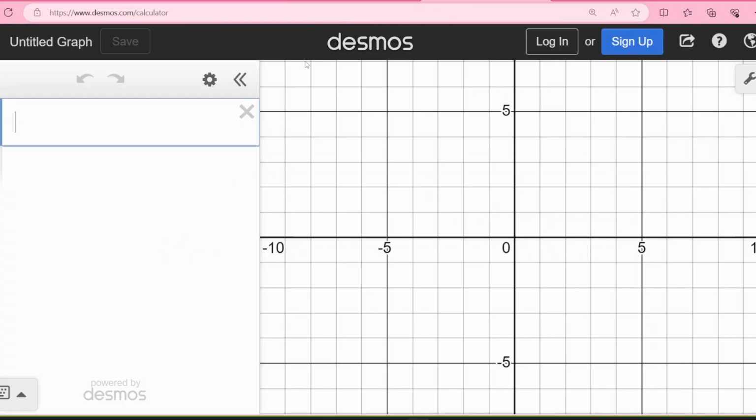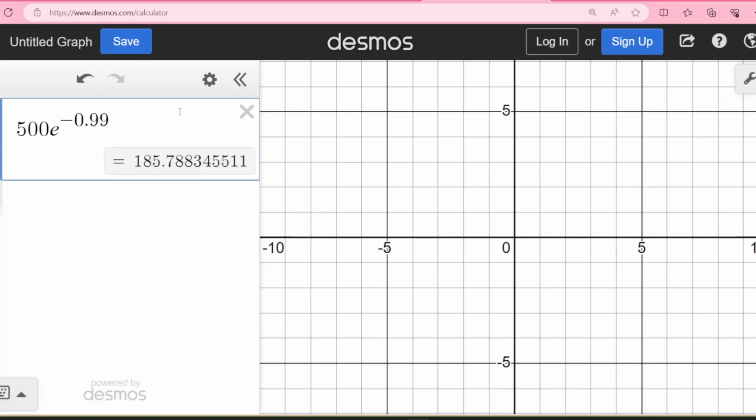So I'll go to that Desmos calculator. This is again desmos.com. I'm going to enter 500 times e raised to the negative 0.99. And that's approximately 185.788, which is 5 or more, so 185.79.